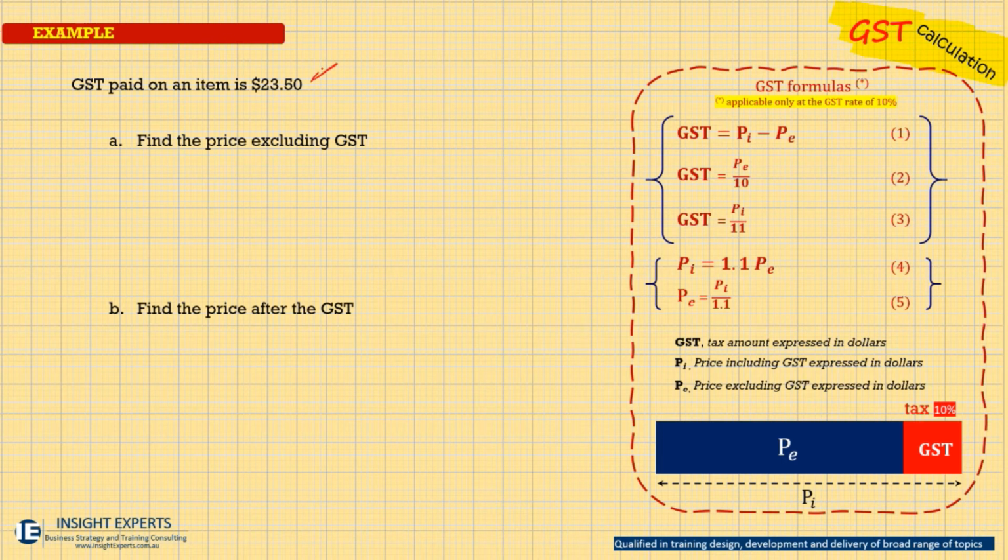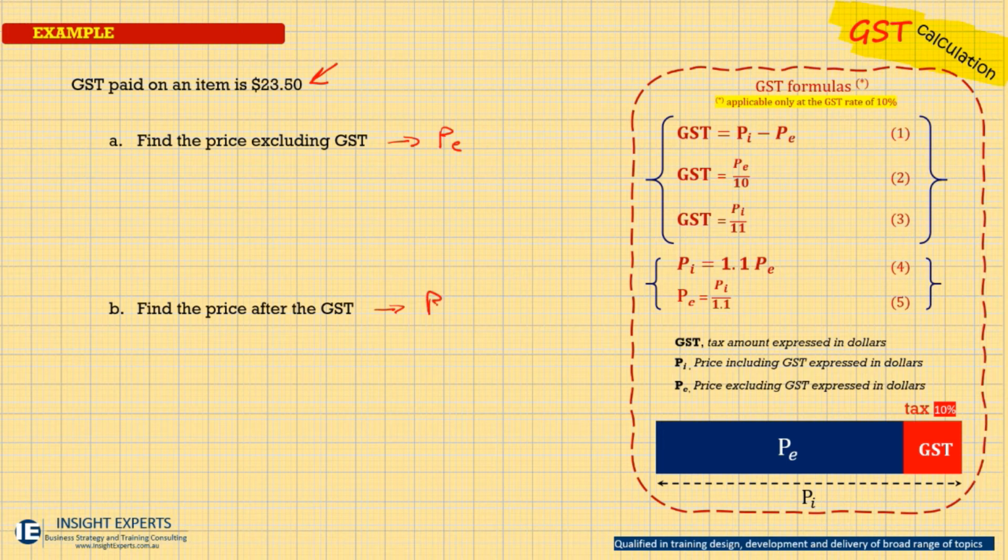So we can look at equation number 2, which states that the GST amount is 1/10 of the price excluding GST. If you rearrange this, in other words, the price excluding GST is 10 times the GST amount.